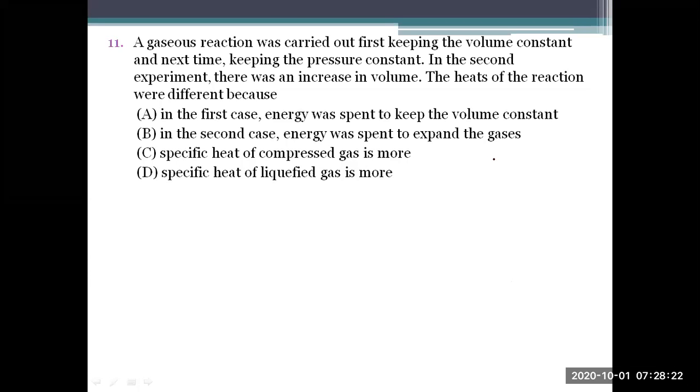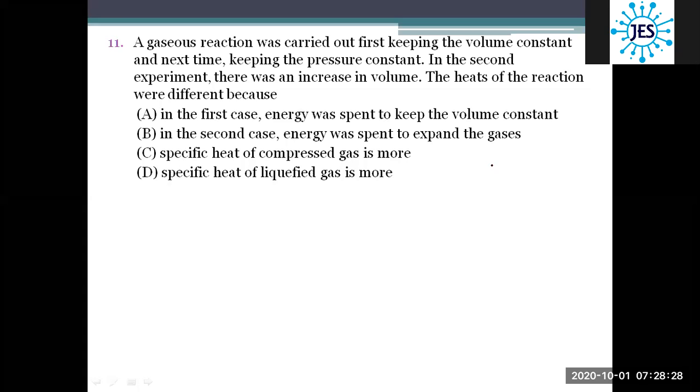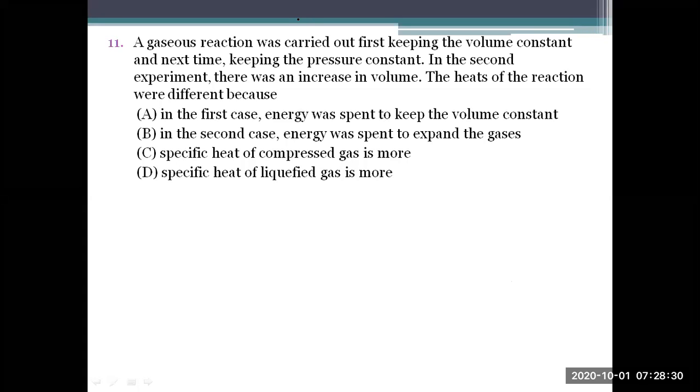Obviously, when you want to keep pressure constant during a reaction, it has to be carried out in an open system, because only in open system, pressure remains constant. And keeping pressure constant, volume increases. Whereas in a closed container, volume remains constant, pressure alters always.